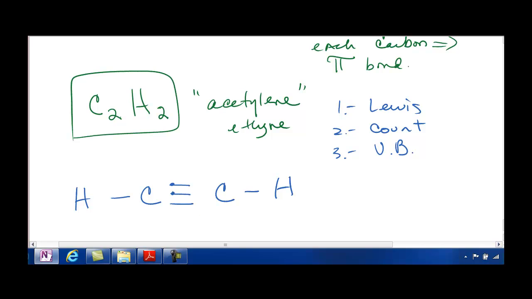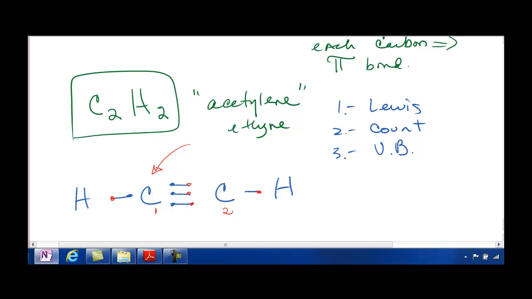Carbon has 4 dots. Hydrogen has 1 dot. And you do your Lewis. Now if we look at this as a central atom, how many groups of electrons does this carbon 1 have? It has 2 groups, one to the right, one to the left.